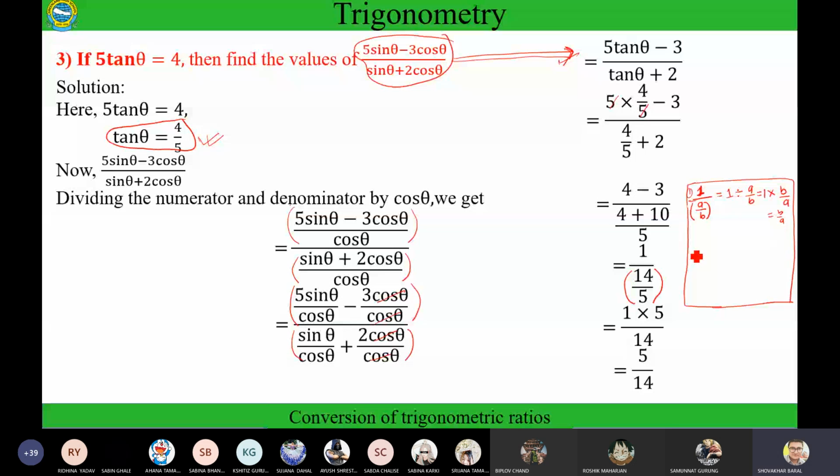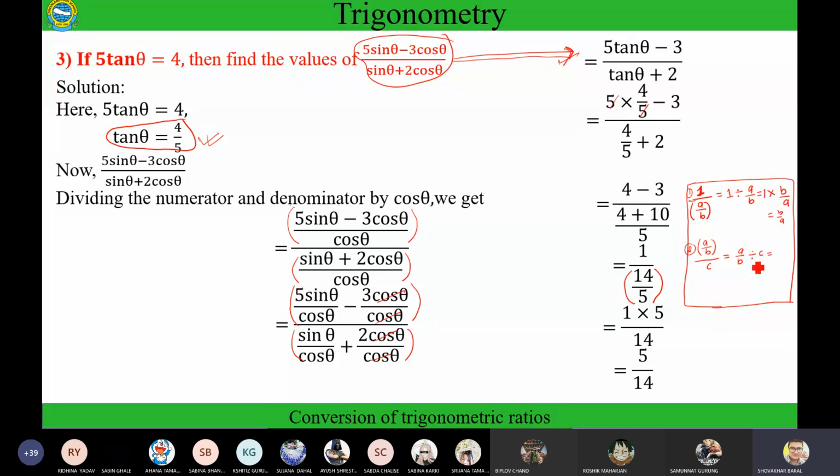Number 1. Number 2. A divided by b upon c. Please note this. This is not a new thing, but the thing that you need to know always. So a by b whole upon c is similar to the expression a by b divided by c. So how can you change this?